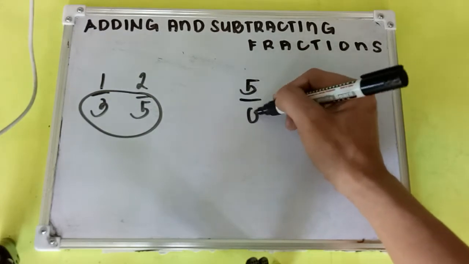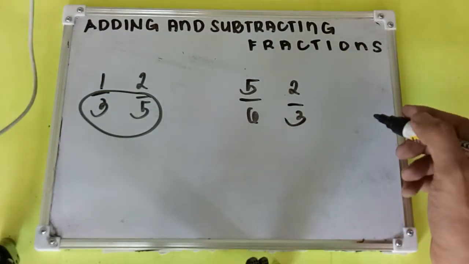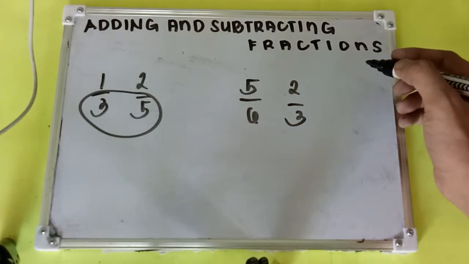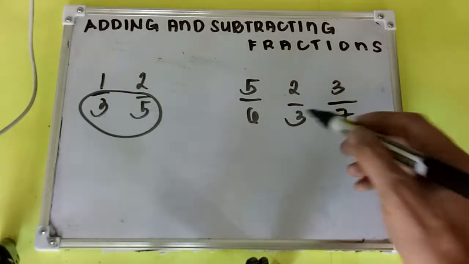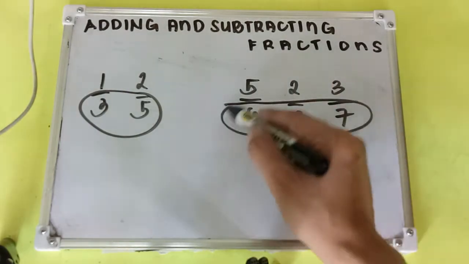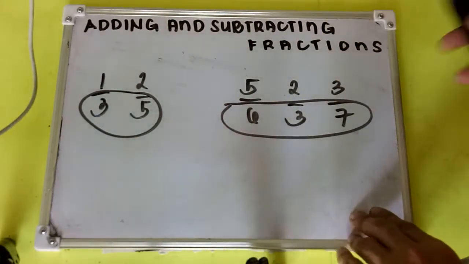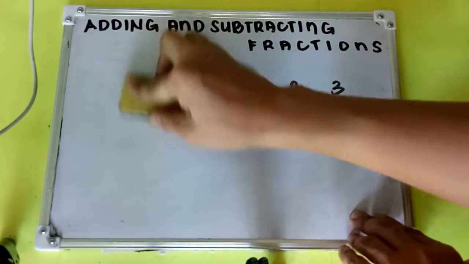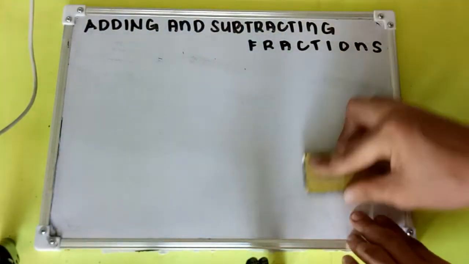Another example, 5/6, 2/3, and 3/7. So kung mapapansin nyo, magkakaiba sila ng denominator. So they are examples of dissimilar fractions. So that is the types of fractions, similar and dissimilar.